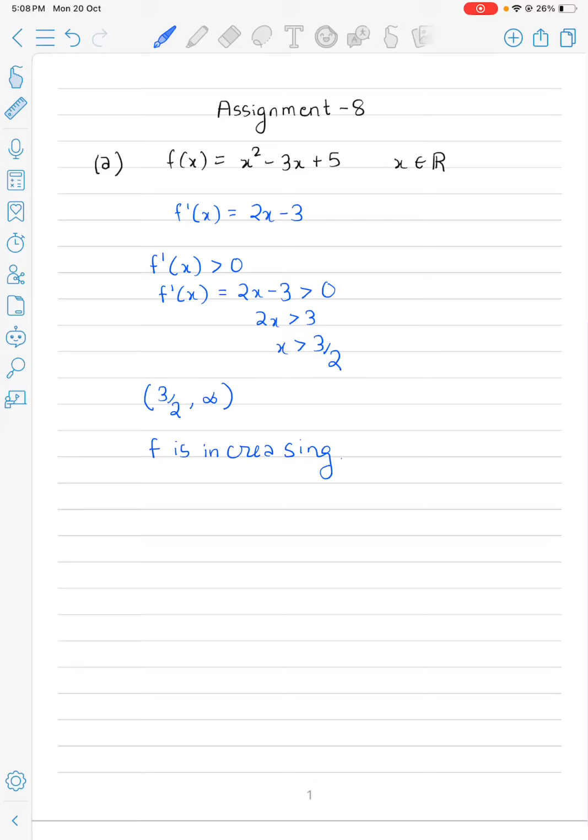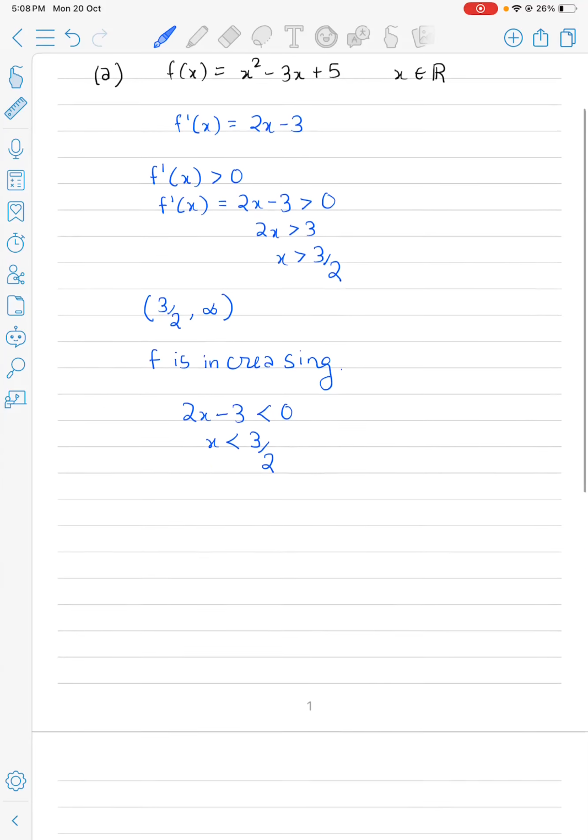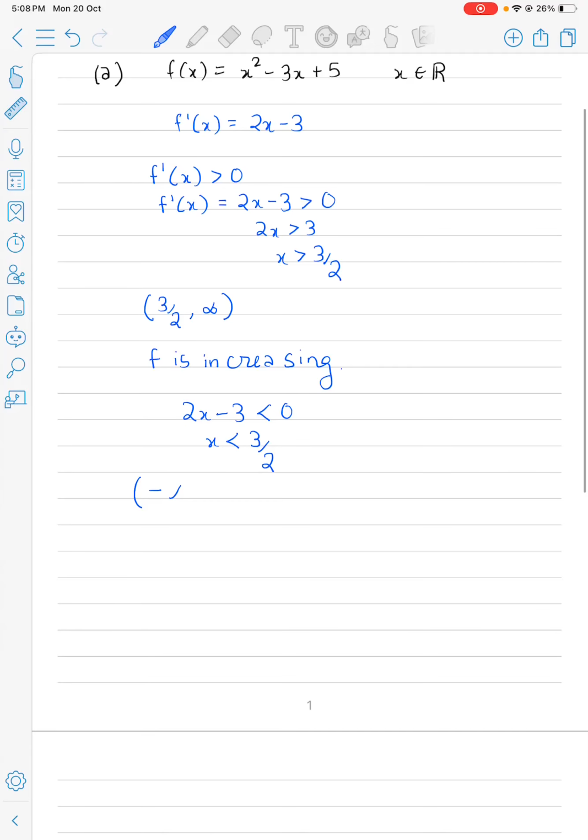Okay. And where 2x minus 3 is less than 0, that is if x is less than 3 by 2. So from minus infinity to 3 by 2, it is decreasing. Okay. So the graph is something like this.